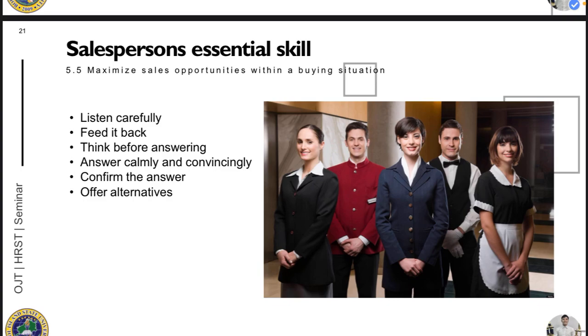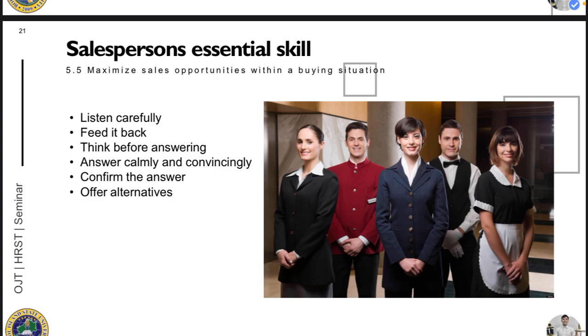So one skill that you need to develop is to listen carefully, and do not interrupt when they are talking. Number 2, very important, feed it back. Meaning, when they have made a statement or have already voiced out their concern, feed it back.